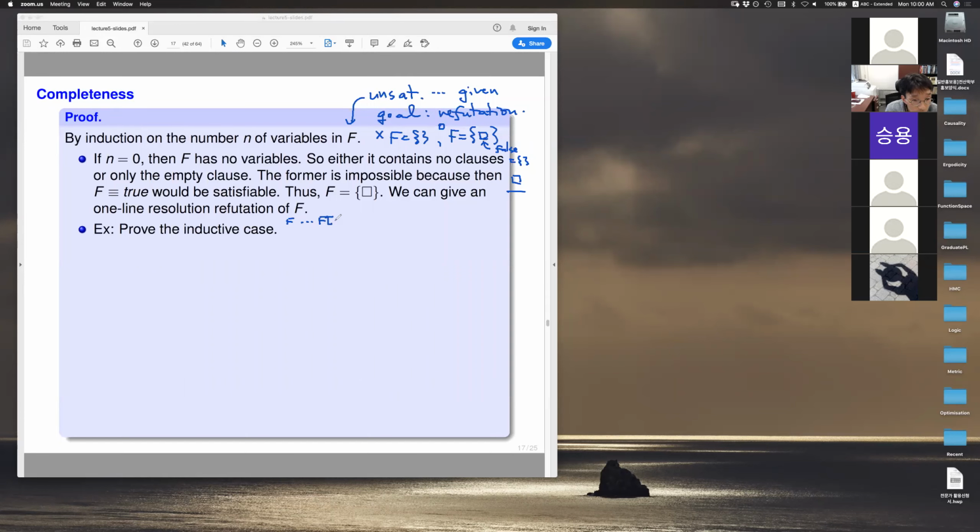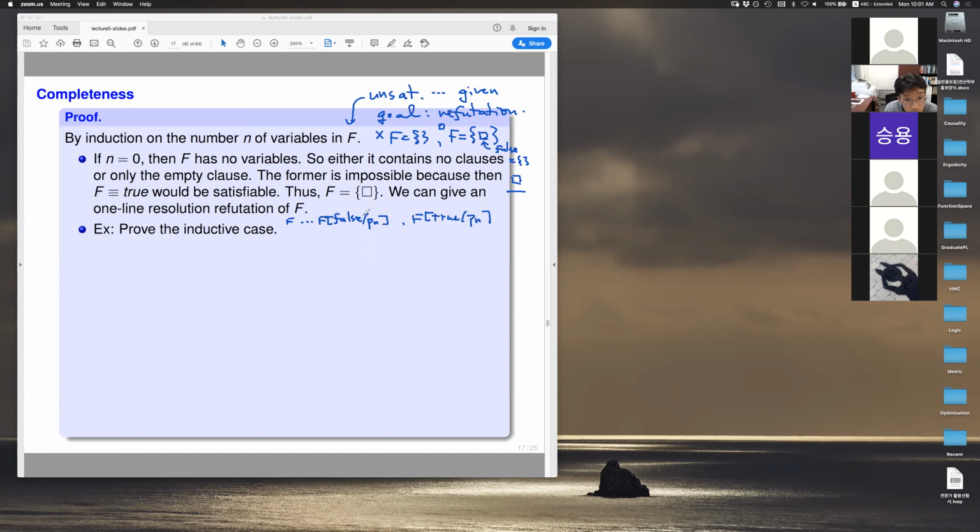One is, for F, you replace the nth propositional variable by false, and then do some simplification. This will be a formula where the measure of induction is decreased by at least 1. The other thing you can do is replace Pn by true, and again the measure of the induction is decreased by 1.